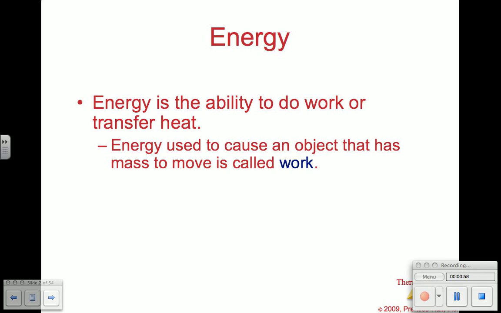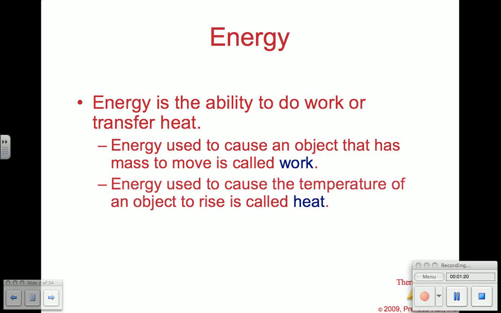So energy used to cause an object that has mass to move is called work. So when you lift up a book from the floor up to the table, that would be doing work on the book. So the book is moving from one location to another. So there's work being done on that object.